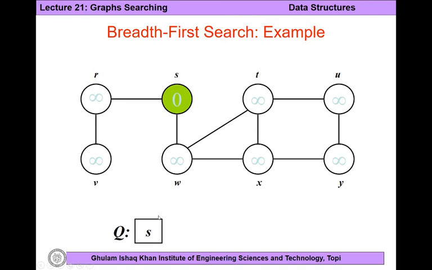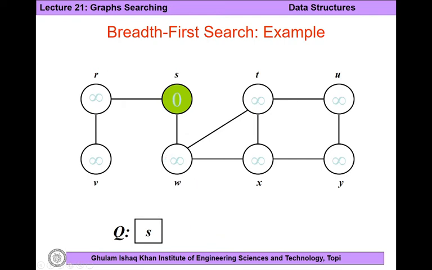Now what will happen next is that we will pick neighbors of S. R is the neighbor of S and W is the neighbor of S. So we will dequeue this S from this queue, and we will put R and we will put W in the queue. And this order can be WR as well. So that's not a big deal, but the neighbors of S will be picked, right?